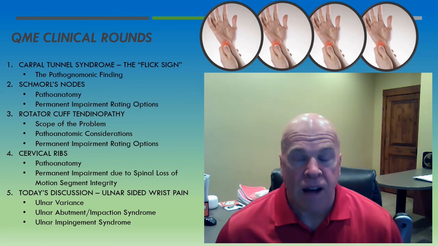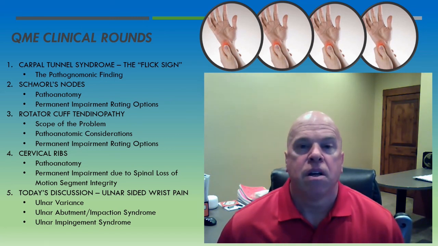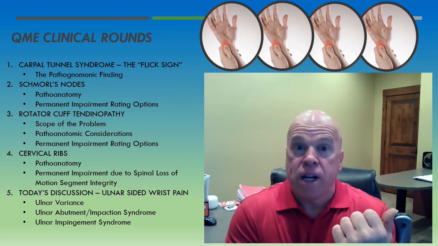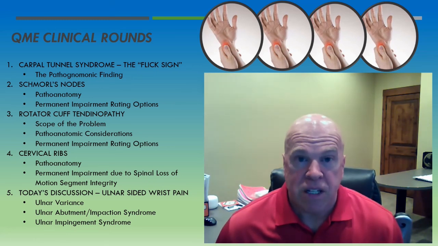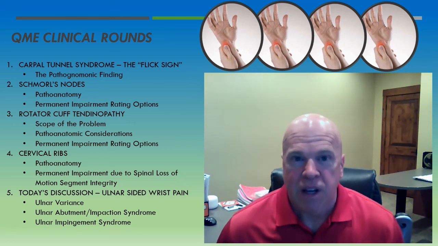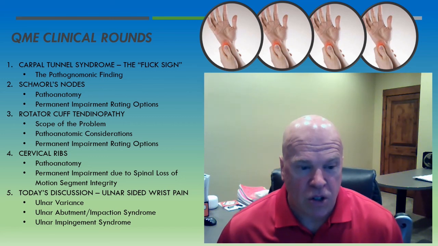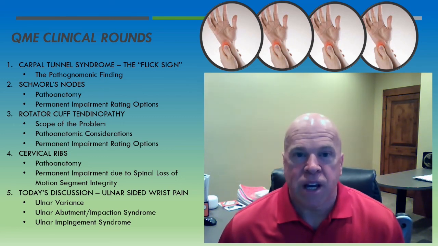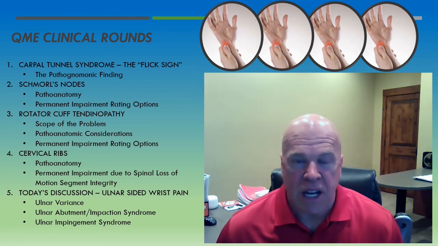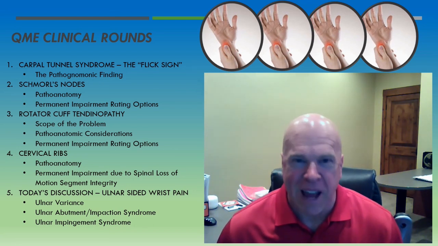And as we're going to find, there are some significant changes that take place in the wrist joint itself as examinees age that lend the wrist to the development of ulnar-sided wrist pain. So I have a fascinating discussion to share with you today. So with that as our introduction, let's begin today's discussion on ulnar-sided wrist pain.